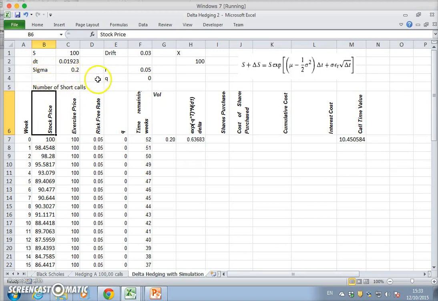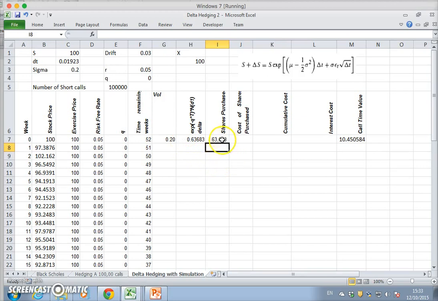So let's say 100,000. Okay, so we'd say how many stocks should we buy? The number of stocks we should buy is equal to 0.63683 by 100,000, and we'll F9 that.